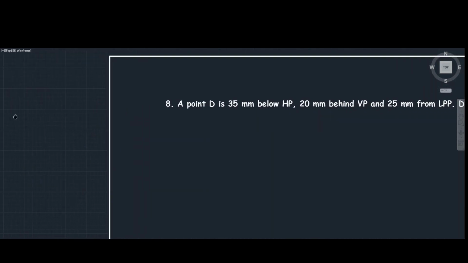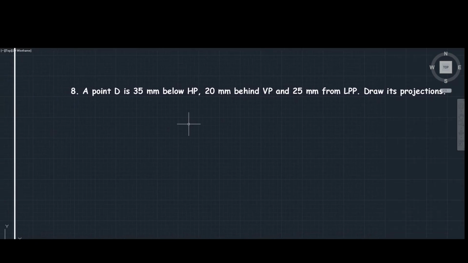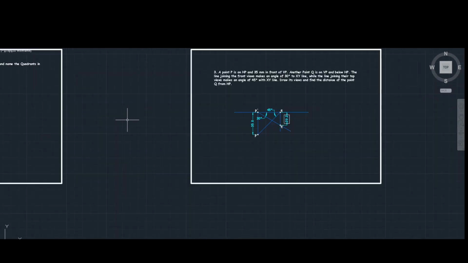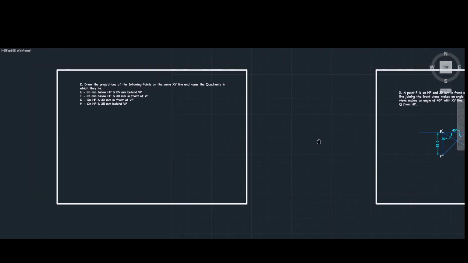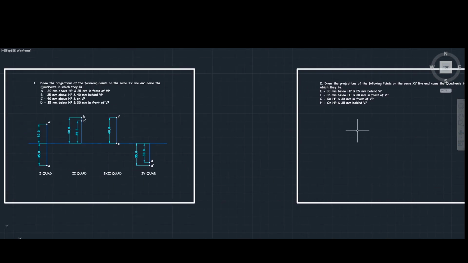And this is problem number 8. So again, a few of these 8 problems are solved as sample problems. The others you have to do by yourself, which is very, very simple.